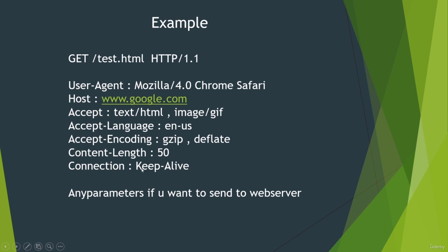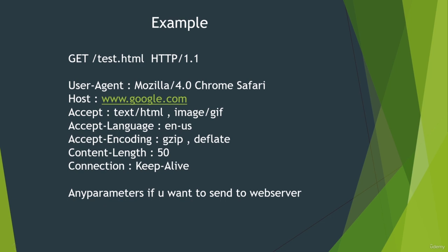That means in one connection you can send multiple requests and responses. And further down you can send any parameters we want to send to the web server. Since this is a GET request, in most situations we don't need to send any parameters.